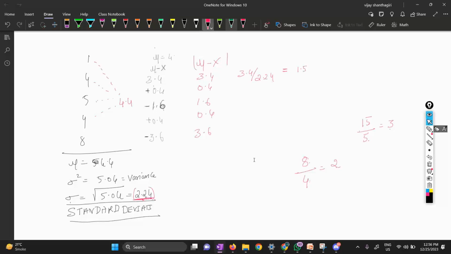Are you sure? 1.517. Vikash, you okay? Correct? Yes, sir, 1.52, correct. 1.52 sigmas. Can I not write this? Yeah, you can write, sir. So like this, I want to express all deviations in terms of standard deviation.